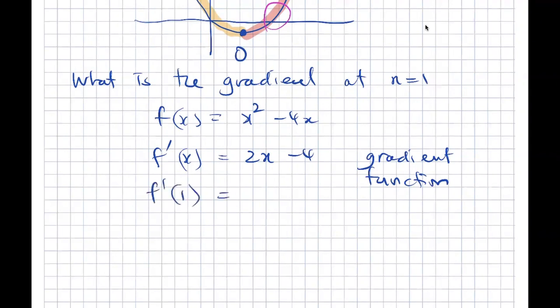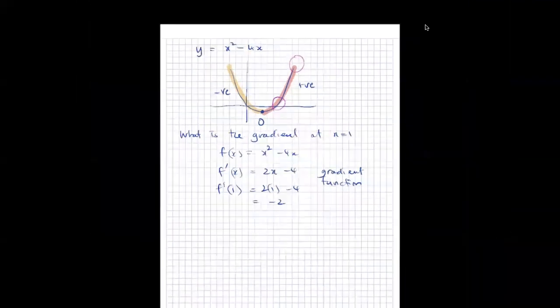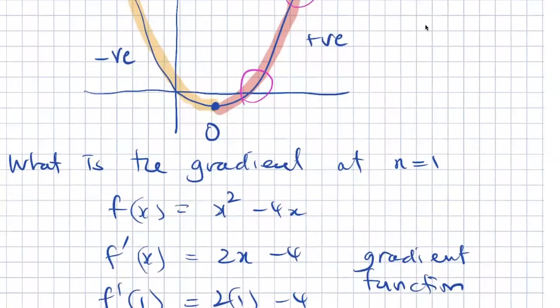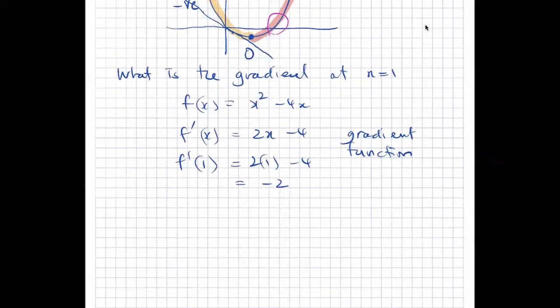If I do that, I get 2 times 1 minus 4, and therefore that's equal to negative 2. So the gradient at x equals 1 is negative 2. And that's somewhere along here, say.